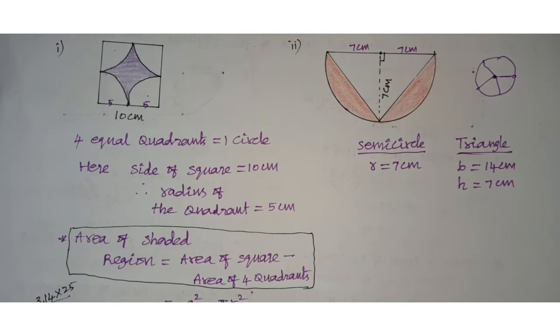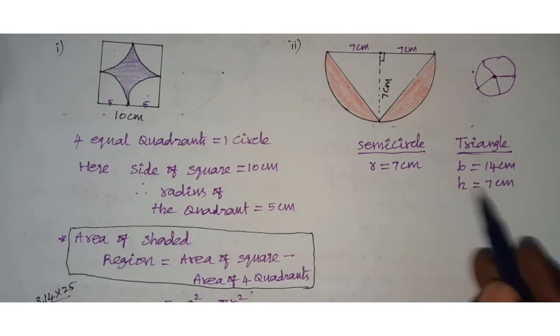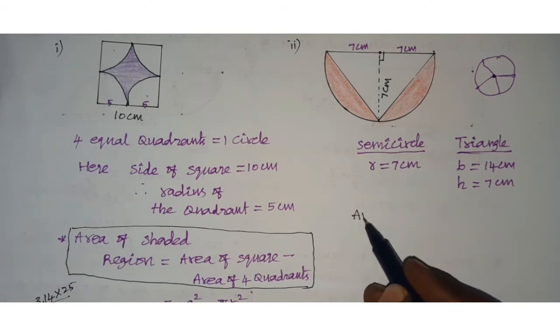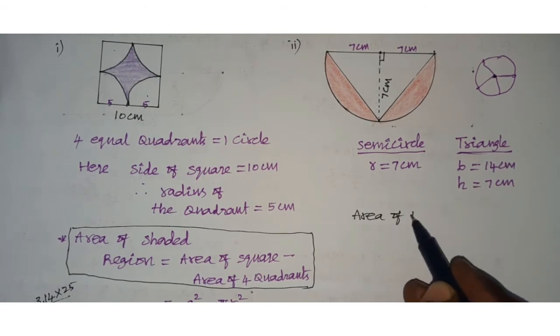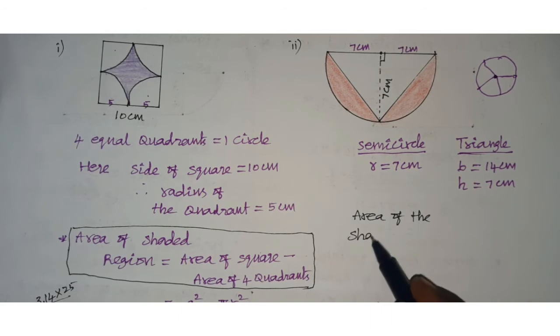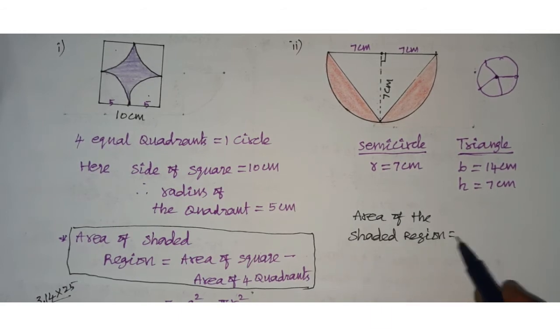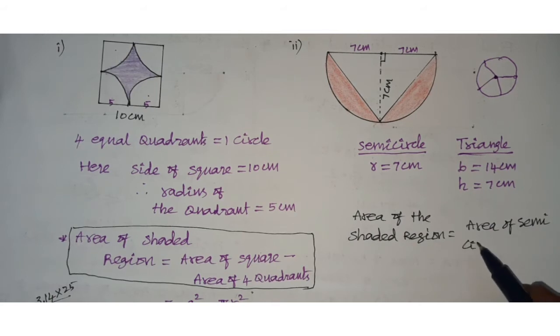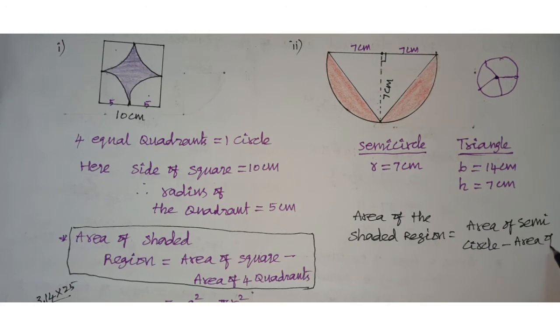So from the combined diagram, if you write like this, we feel very easy. Now we need not see the diagram. Directly we can write: area of the shaded region equal to area of semicircle minus area of triangle.